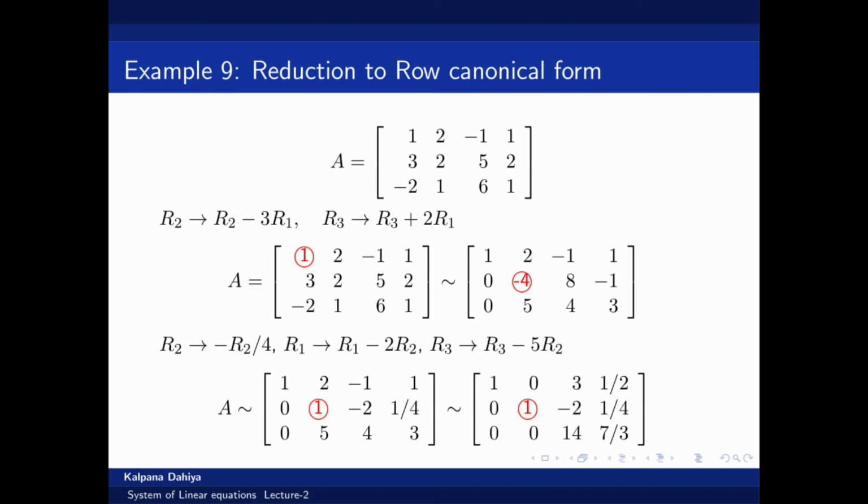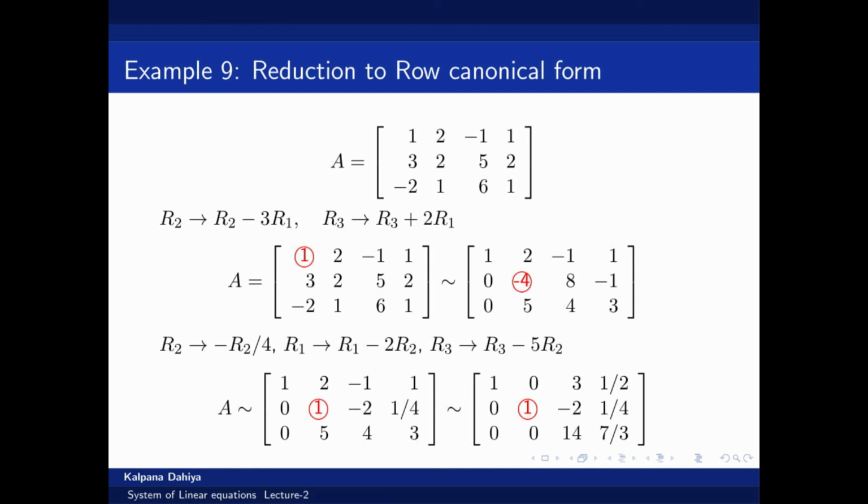For the second row I am applying the operation: second row minus 3 times first row, representing this as R2 goes to R2 minus 3 times R1, and for the third row I will change it to third row plus 2 times first row.